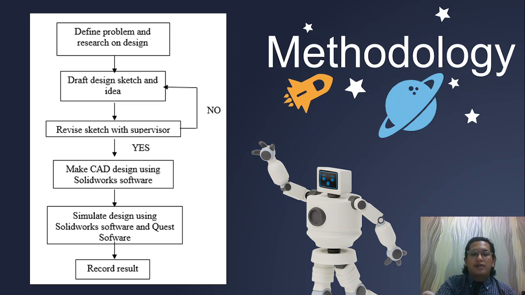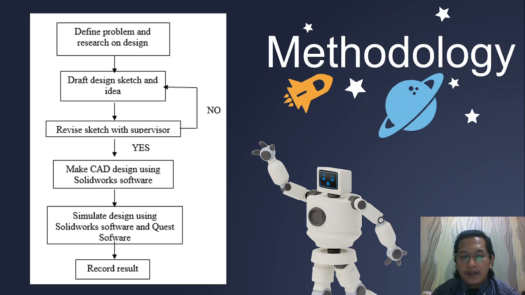Okay, for the methodology of this project, firstly is to define a problem and research on design. And then after the problem has been defined and the design has been researched, draft design sketch and idea based on the requirement that can solve the problem. And then revise the sketch with the supervisor.